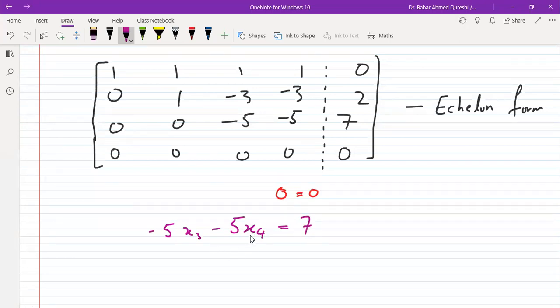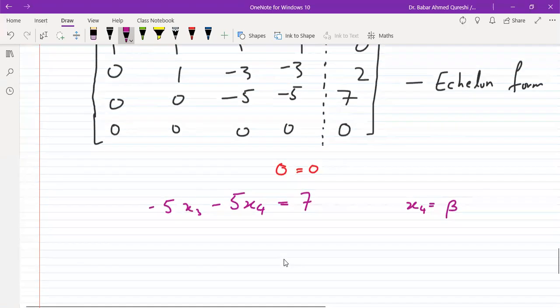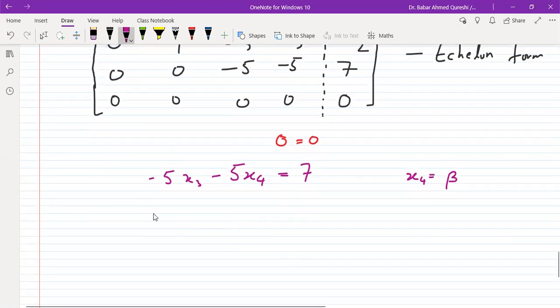And this x4, because it's a free variable, I will take it as a free variable. So I can put it equal to any arbitrary number. Let's call it beta. So this gives me a solution.